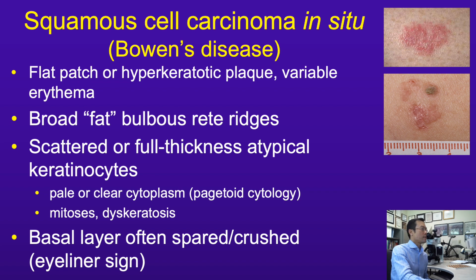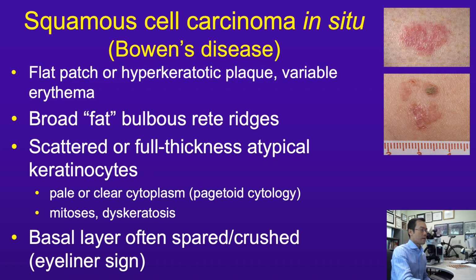Microscopically, there are distinct features. The rete ridges tend to be somewhat bulbous or fat, and just think about that full thickness atypia, with atypical keratinocytes proliferating and filling and expanding the epidermis. Typically, there will be more randomly scattered or full thickness atypia rather than the basilar atypia of actinic keratosis. Typically, there will be increased mitoses and dyskeratotic cells, abnormally, prematurely cornifying or attempting to cornify.